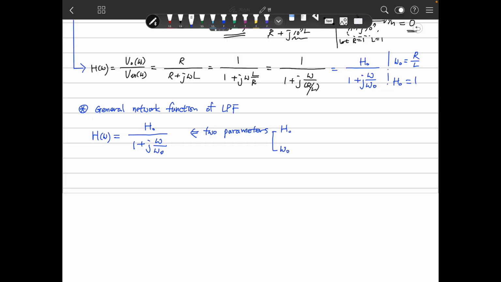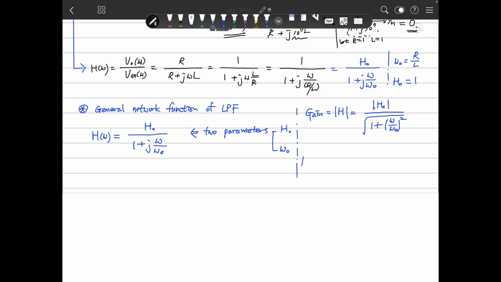And from here, we can calculate the gain of this. The gain is the magnitude of H. So from here, we can calculate H0 over the magnitude of 1 plus omega over omega 0 squared, square rooted. That's our gain.